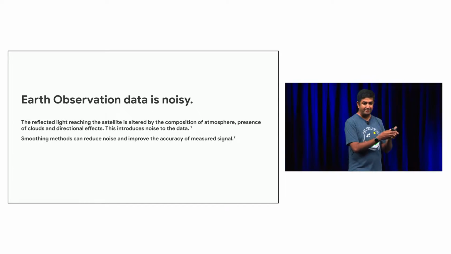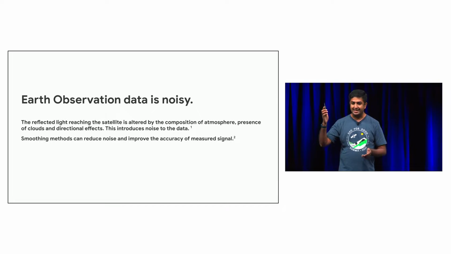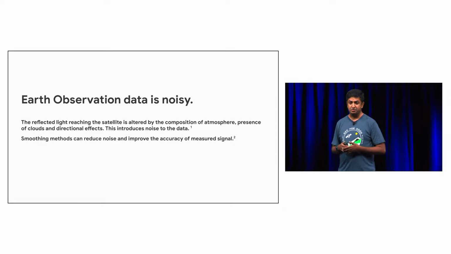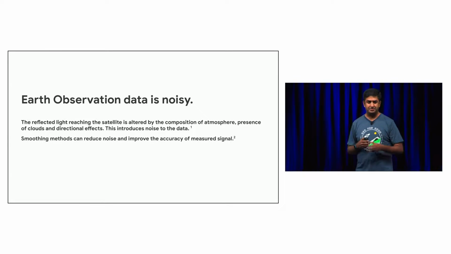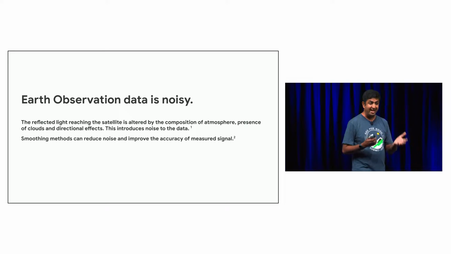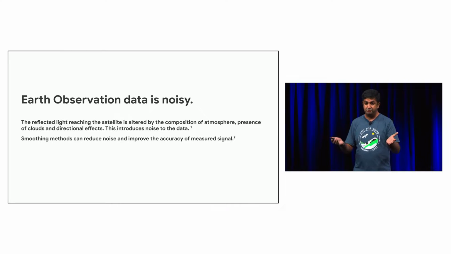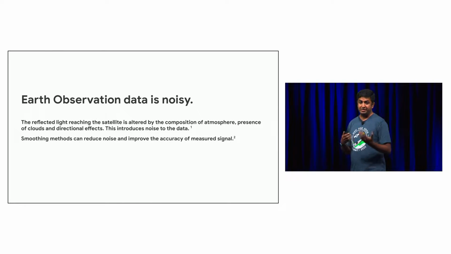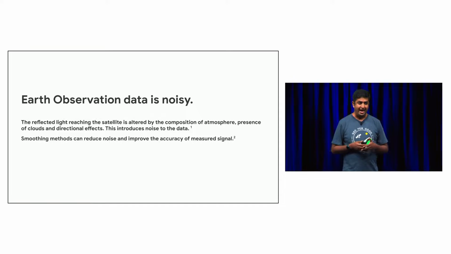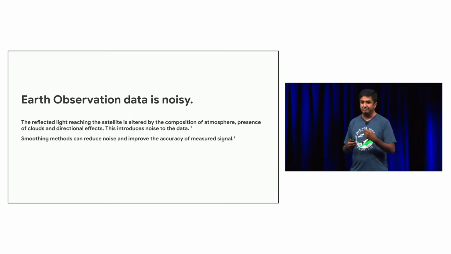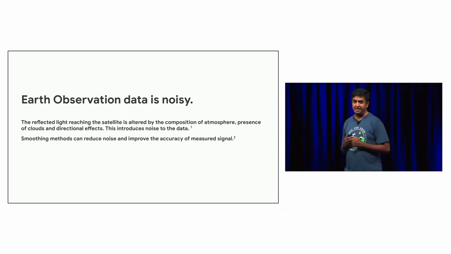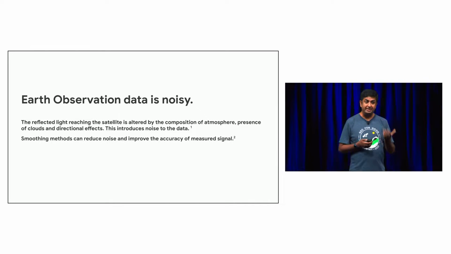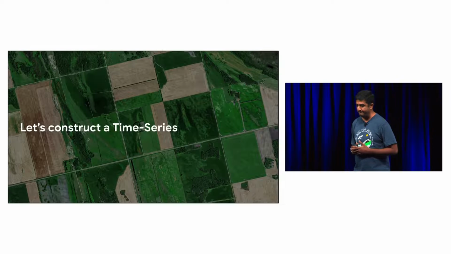We have atmosphere between the ground and the satellite, and that introduces noise because we have clouds, aerosols, etc. We also have gaps in our time series. We have cloud, and we don't know what's going on underneath. So we need to do something with this gap. And because of this noise, you have a signal that is not the true value of the signal that you're trying to get. You want to clean it up, remove the noise, and get to the true signal. So these techniques allow you to get to that.